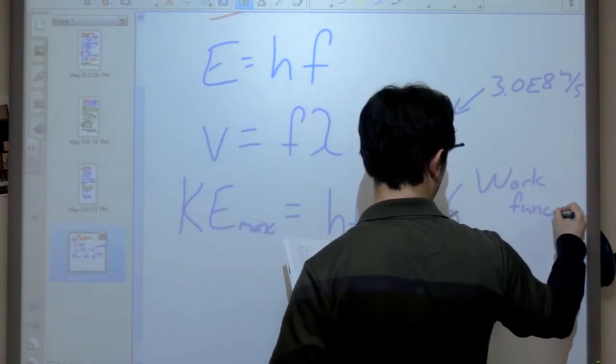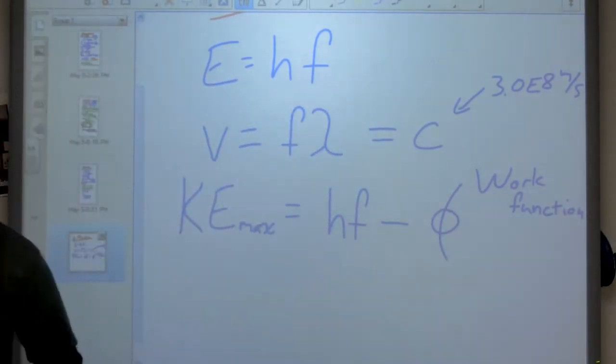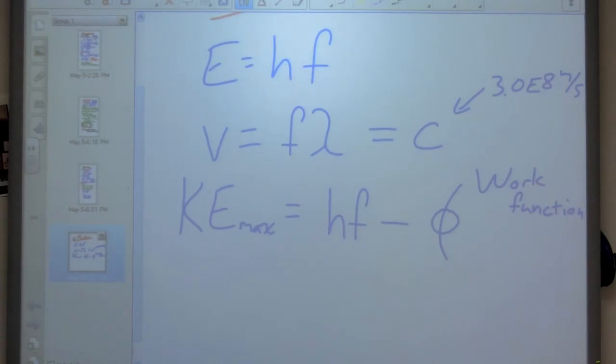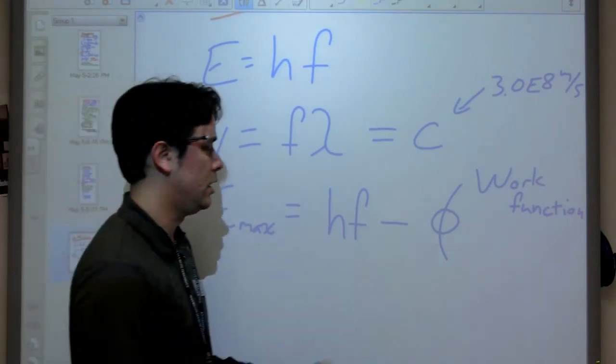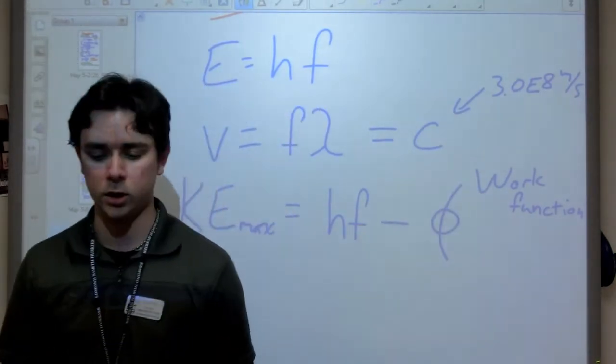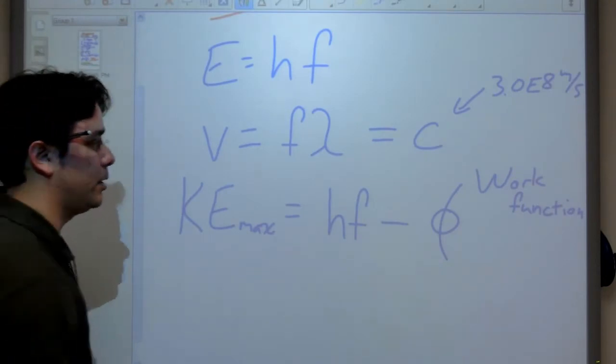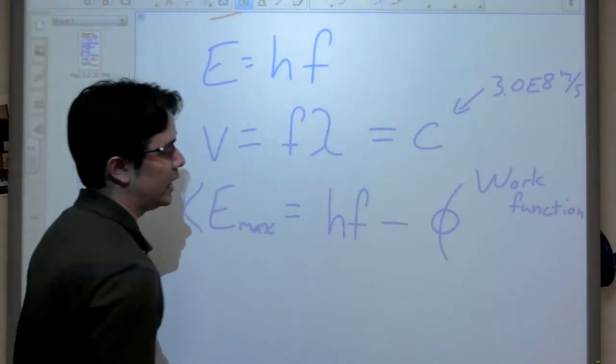And the work function, for all intents and purposes, is effectively your ionization energy. Now, don't rely simply on being able to identify it as ionization energy, because in physics, for this specific setup, we usually call it the work function. So you want to make certain that you're able to pick up on that phrase and know how to use it.